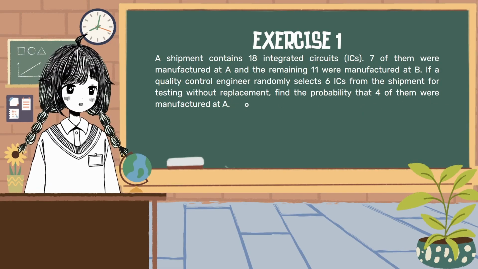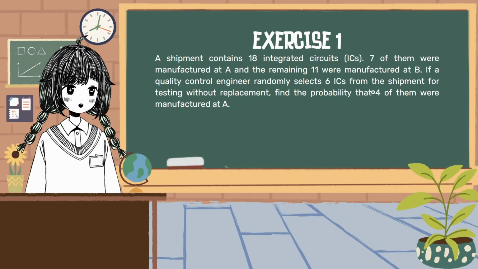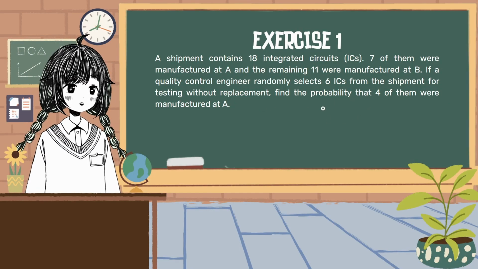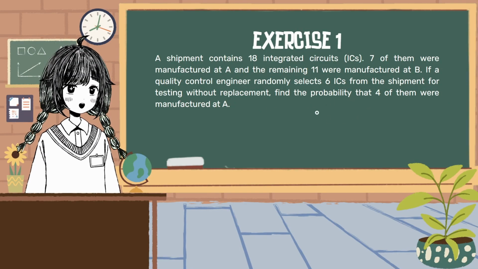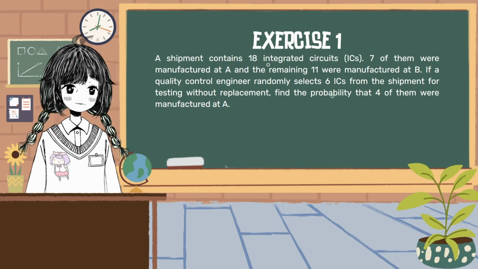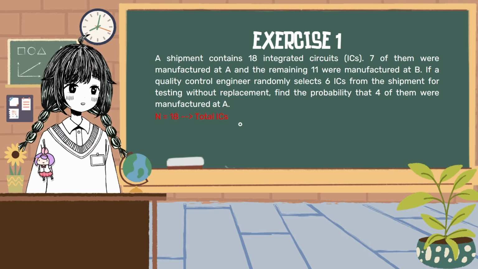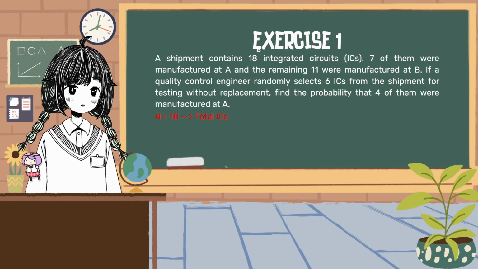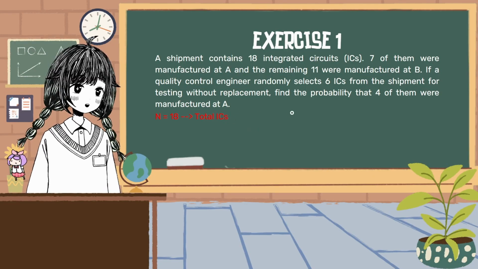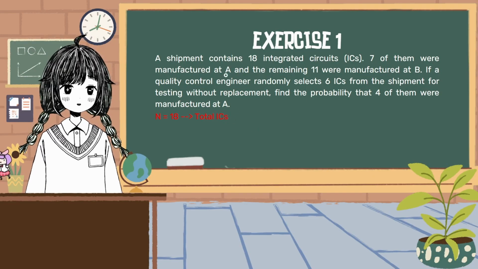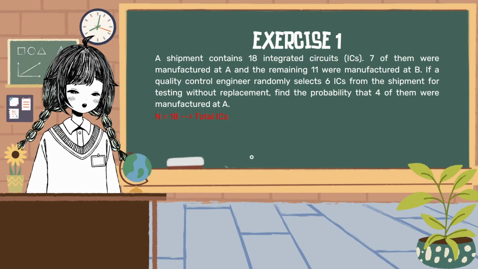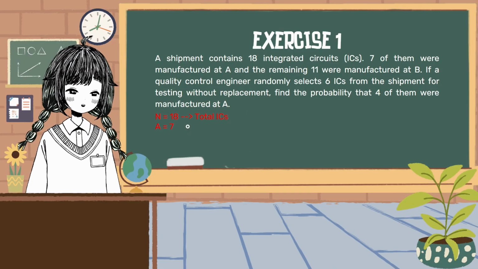Firstly, let's see what information the question gives us. So a shipment contains 18 ICs. So that means N equals 18 for the overall population. 7 of them were manufactured at A. So A equals 7.